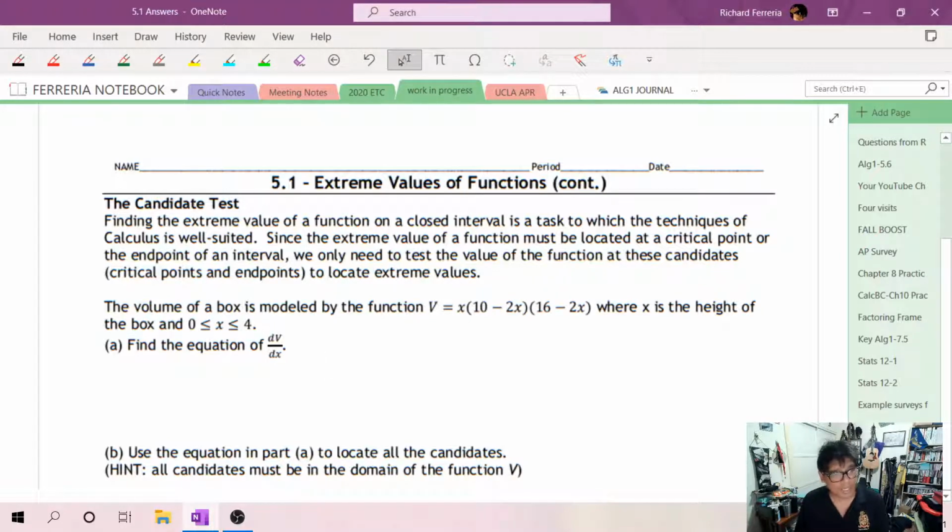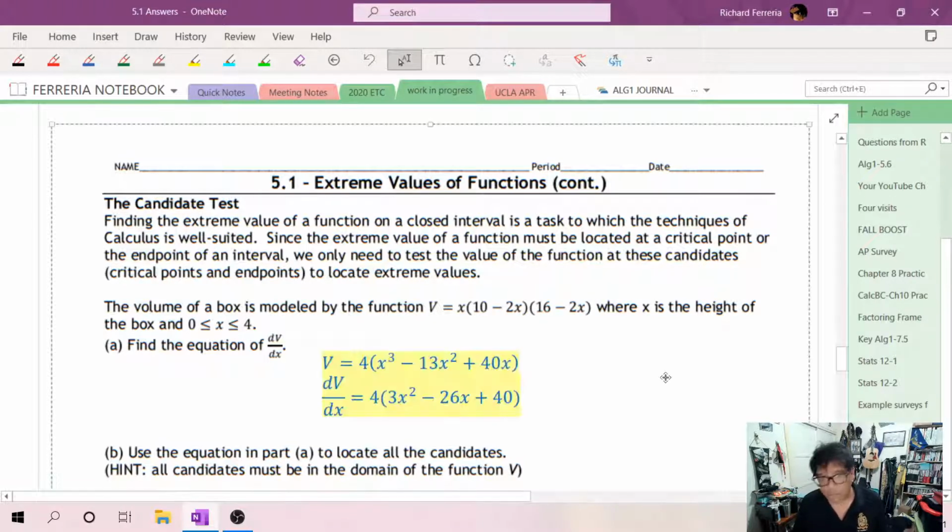So the first idea here is, well, let's find the derivative of the volume. Well, that's not too bad. We're going to take the function and we're going to expand it to make it easier to take a derivative. That's what we have here. 4 times a quantity x cubed minus 13x squared plus 40x. And then we're going to take the derivative of everything.